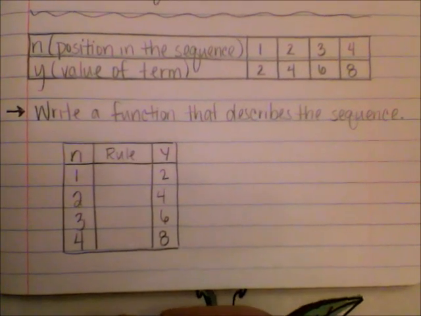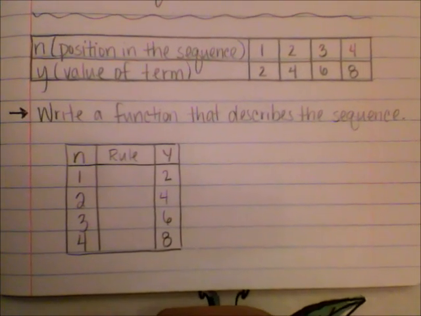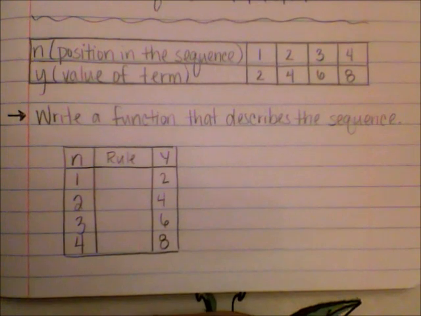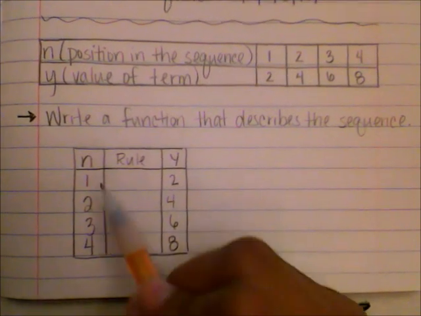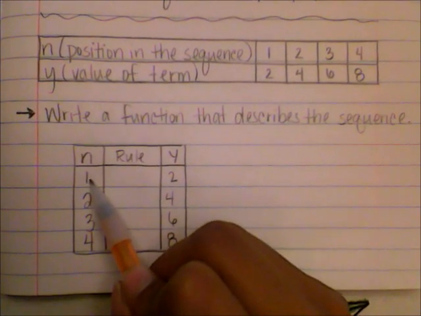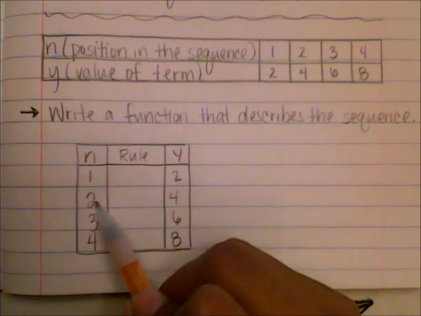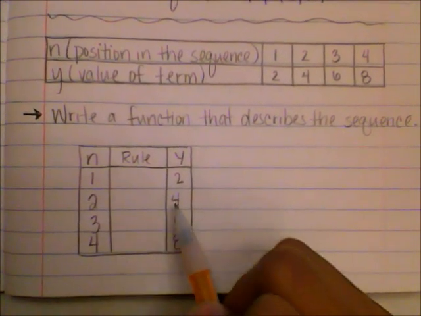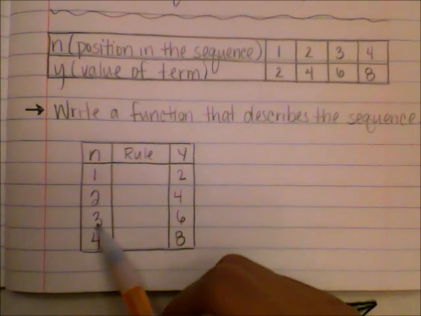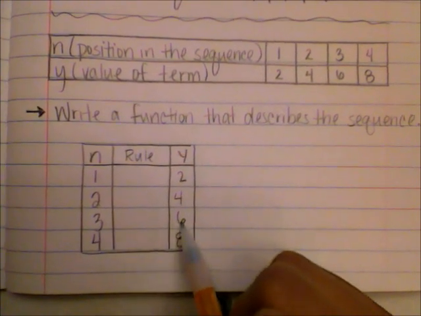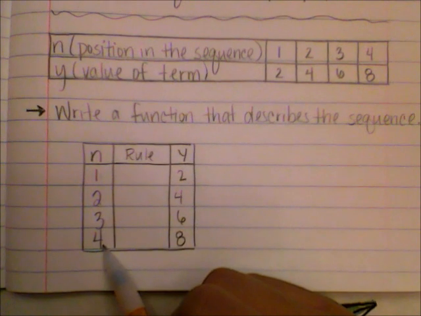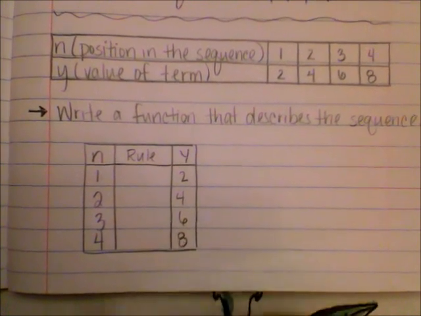Now, we've got to try to figure out a rule to describe this sequence. So, what am I doing to n in order for it to become 2? What am I doing to this n in order for it to become 4? What am I doing to this n in order for it to become 6? And what am I doing to this n in order for it to become 8?